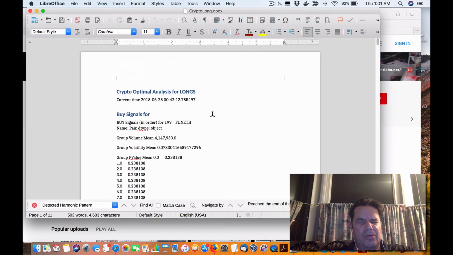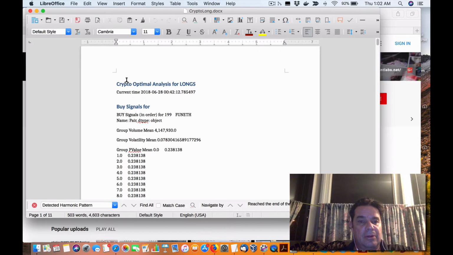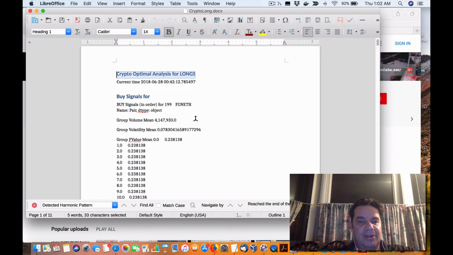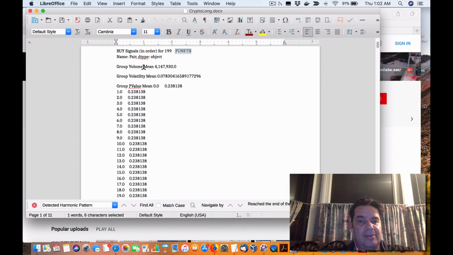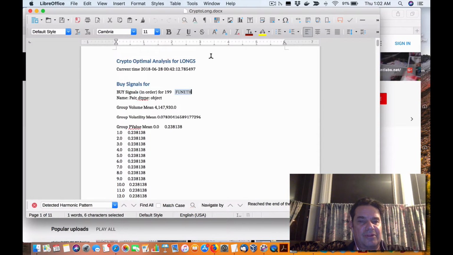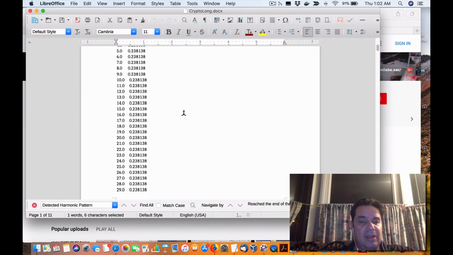Okay, so what we're looking for is optimal analysis for longing cryptocurrency pairs. So in here we have a variety of groups. The only one that qualifies right now is this fun Ethereum, but we can calculate the mean. If there's a bunch of them, there'd be a group mean.